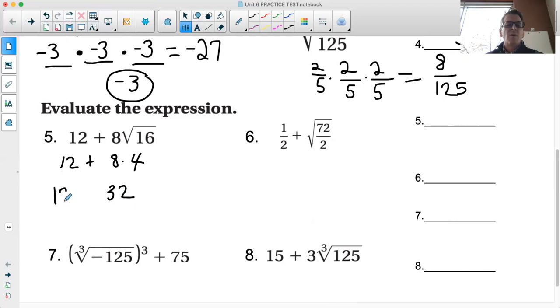Then you're adding 12 plus the 32, and you end up with 44 for number 5.